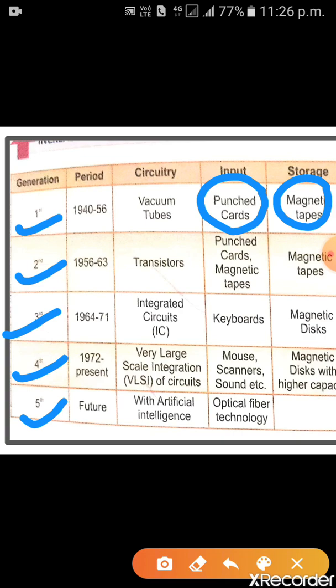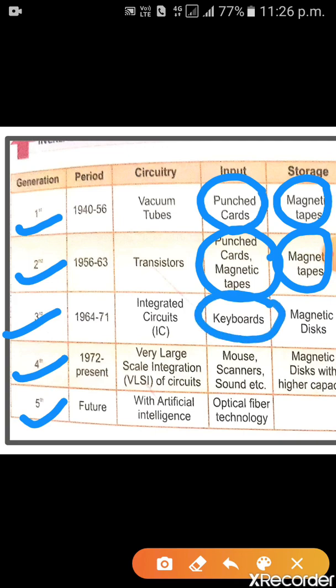In the second generation of computer, transistors were used, and punch cards and magnetic tapes were used as input devices, and the storage device was magnetic tape. In the third generation of computer, integrated circuits were used, the keyboard was used as an input device, and magnetic disk was used as a storage device.